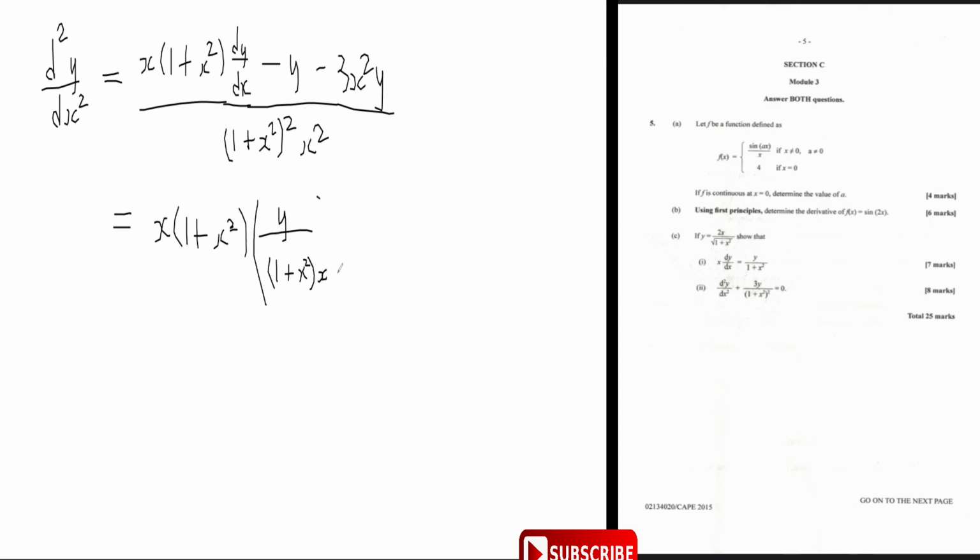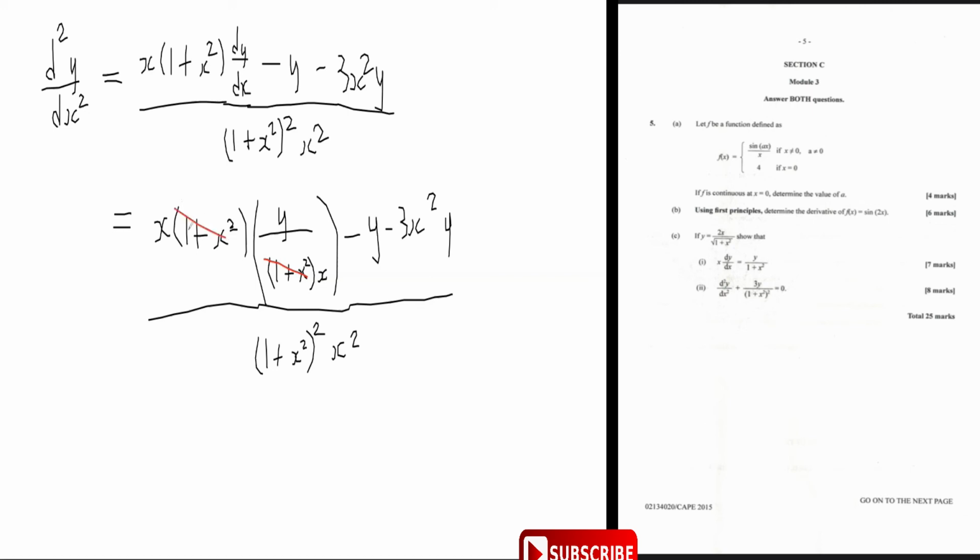That's dy by dx, minus y minus 3x squared y, over 1 plus x squared, all square, times x squared. Right? Now this 1 plus x squared cancels the 1 plus x squared, and this x cancels the x here.